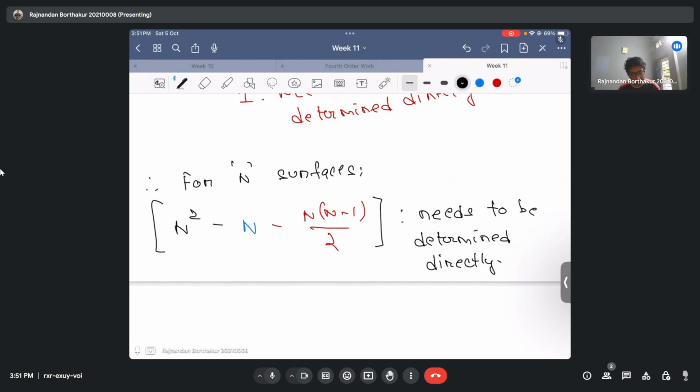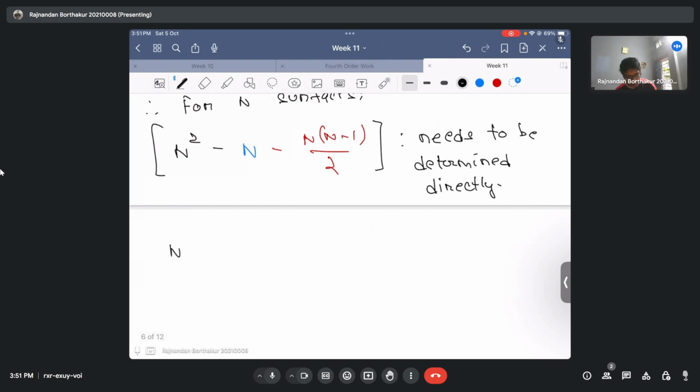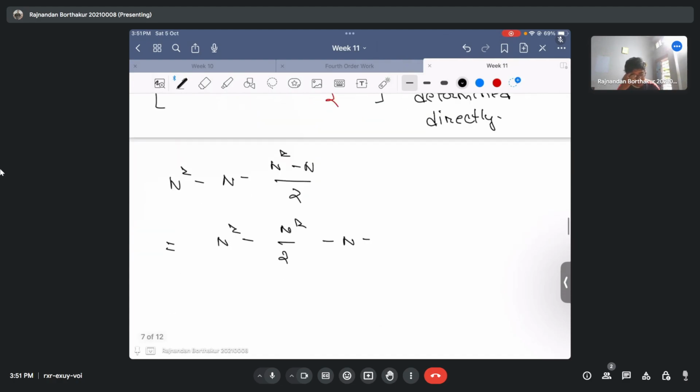If you just calculate this, what will you get? This is n square minus n square by 2, and minus n plus n by 2.